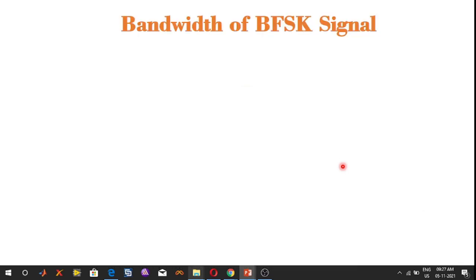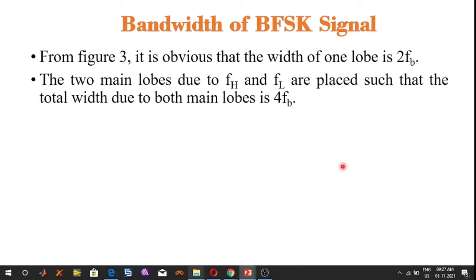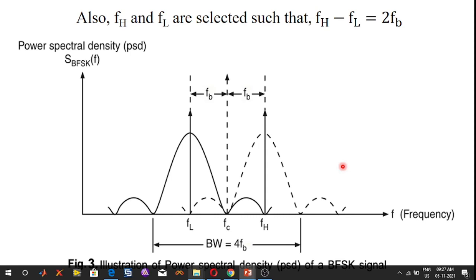So next we are going to discuss the bandwidth of the binary FSK signal. In the above diagram, the power spectral density of the binary FSK signal, we can observe that the width of one lobe is 2fb. Now here in this graphical representation, this is the first lobe and this is the second lobe.